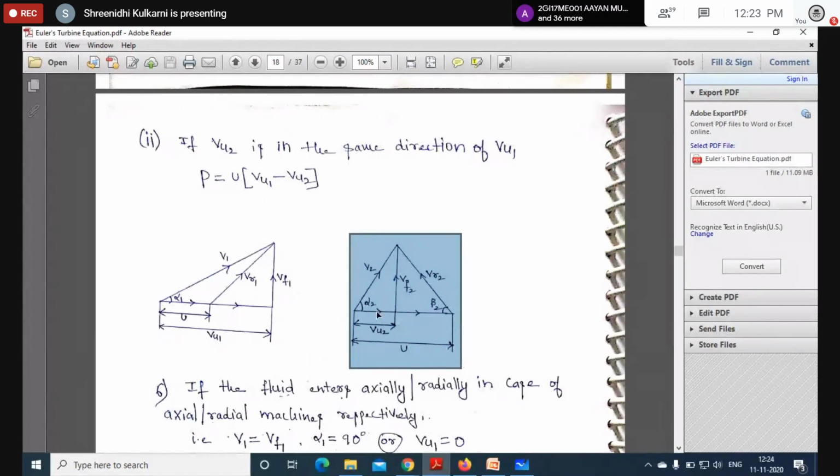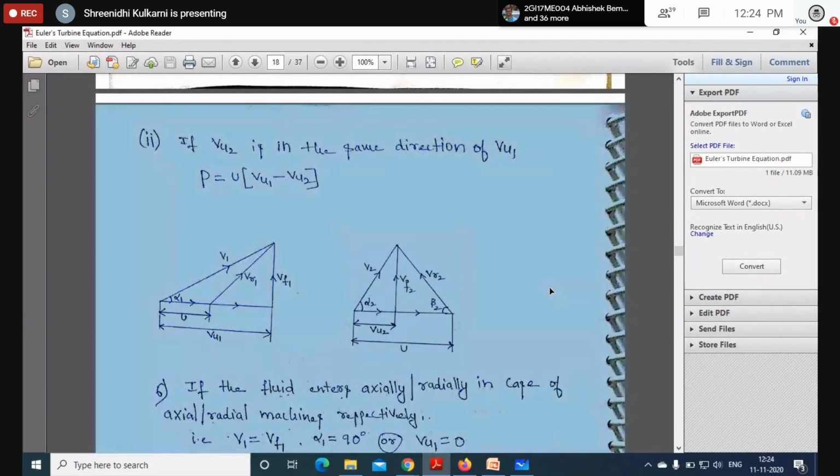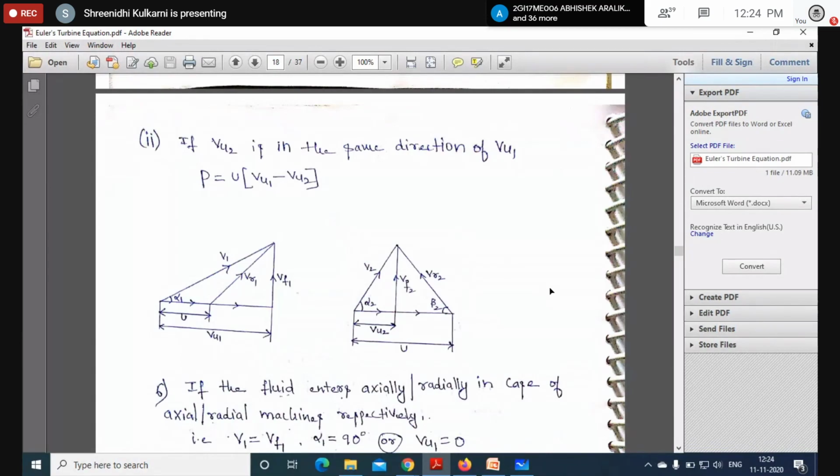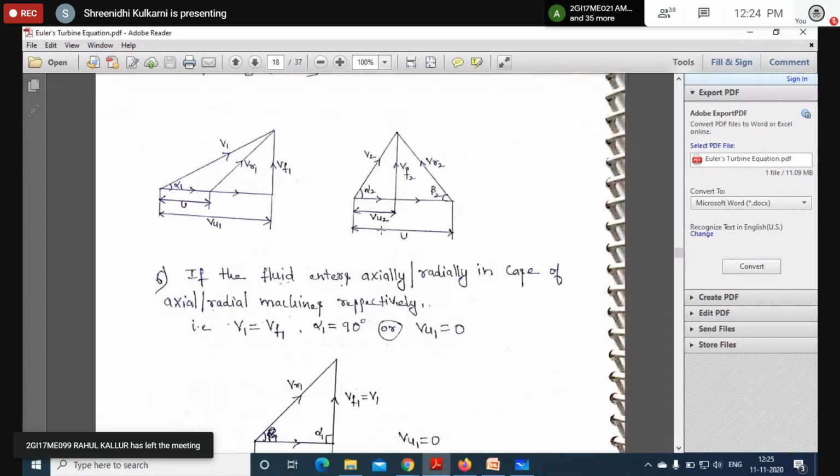Then the direction will become left to right, so VU1 minus VU2. I hope you understood this condition also. Clear? The only reason is the negative value of VU2, so the power will have a negative sign.